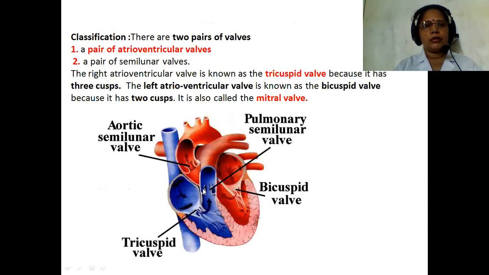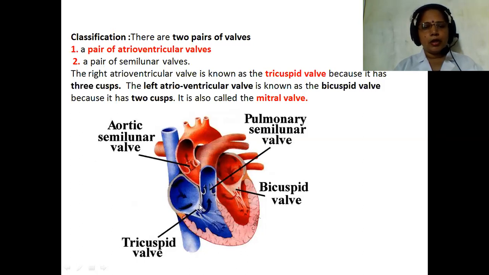See, these are the atrioventricular valves. This atrioventricular valve consists of two parts again, the right atrioventricular valve and the left atrioventricular valve. The right atrioventricular valve is also called the tricuspid valve. You can see in the diagram, this is the diagram for the complete valves of the heart.